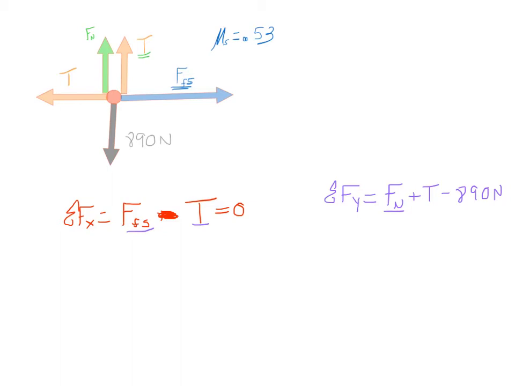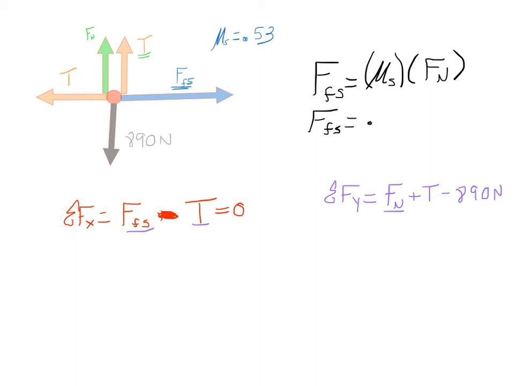So we have to see if we can somehow find a relationship between some of these unknowns. One of the relationships is that the force of static friction is equal to the static coefficient times the normal force, which means the force of static friction is equal to 0.53 times the normal force.